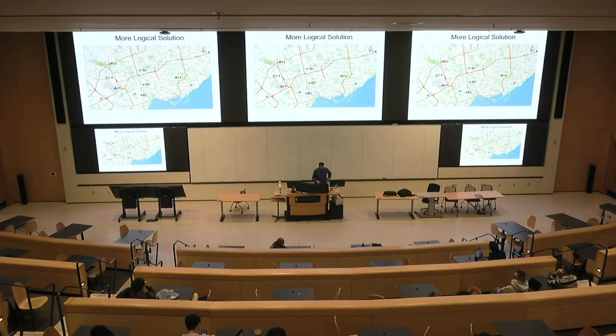Okay, so a more logical solution, let's say I just decide I'll start off in this depot, and I go pick up a package, and I'm really close to package 4, so I pick it up, and I can drop it off right away.